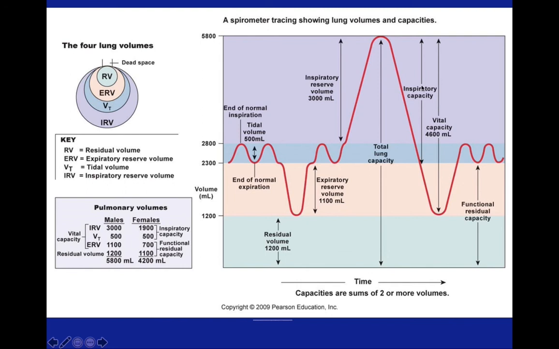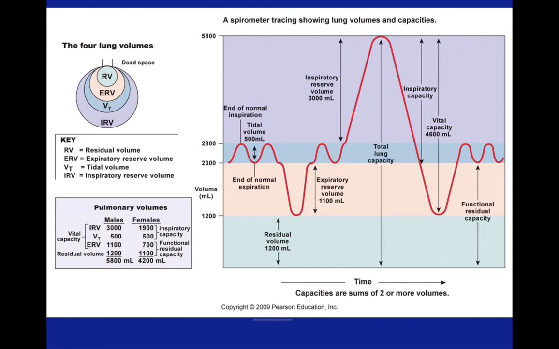The inspiratory capacity is calculated by taking the inspiratory reserve volume and adding that up to the tidal volume, and our functional residual capacity can be calculated by taking the expiratory reserve volume and adding that to the residual volume. As by its definition, the residual volume can never be exhaled, and therefore we can't assess its value with a spirometer.